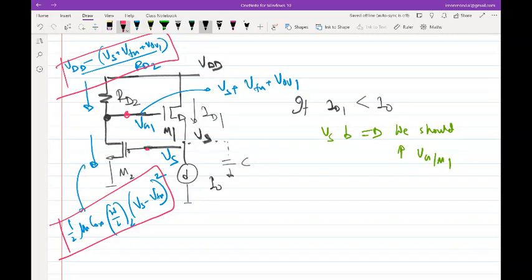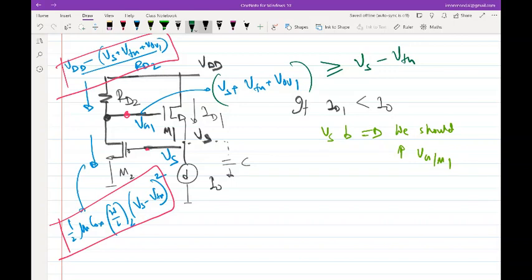So his question is, this looks like it is always greater than or equal to Vs minus threshold voltage, right? So is the scenario not necessarily so?